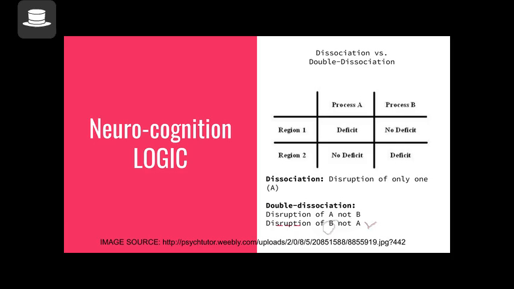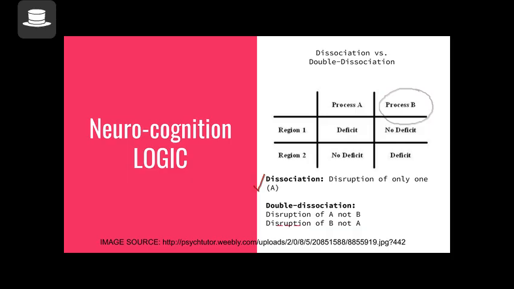So now again, keep in mind, if the patient record only indicates dissociation, that does not mean that there is no double dissociation. It's quite possible that the cases we have received so far have only been specific to disruption of mental process A. We might find later on a different kind of case where there is a disruption to mental process B and not A. So we are still open to the possibility of a double dissociation in cases of dissociation, but not the other way around.